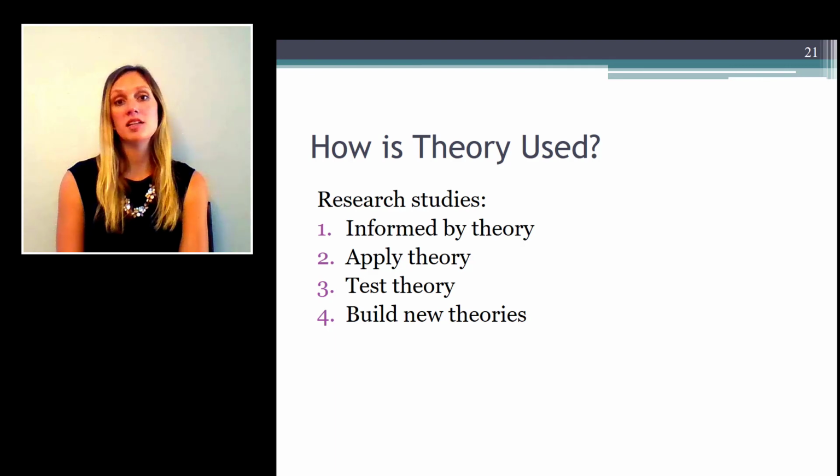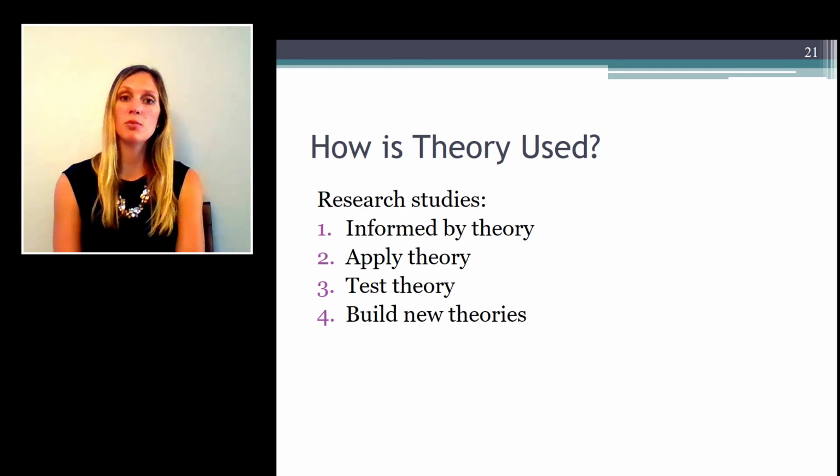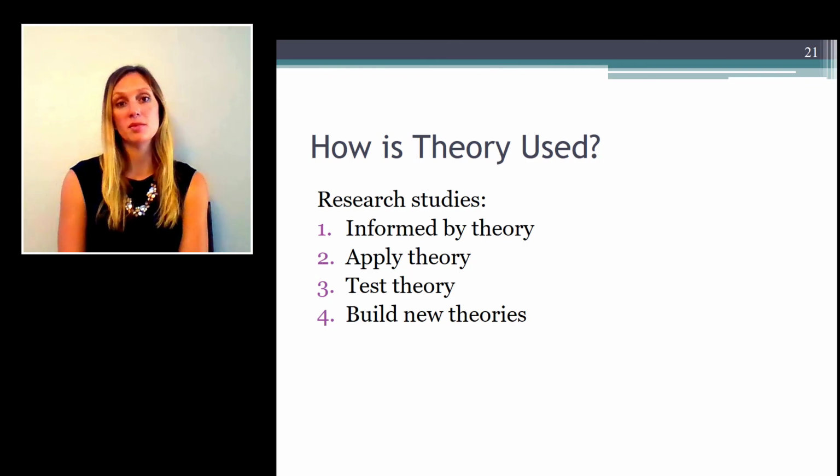So if our new theory explained behavior change or created behavior change better than the old theory, then we may have succeeded in developing a new theory. Now, throughout this course, we will see examples of each way that theory is applied.